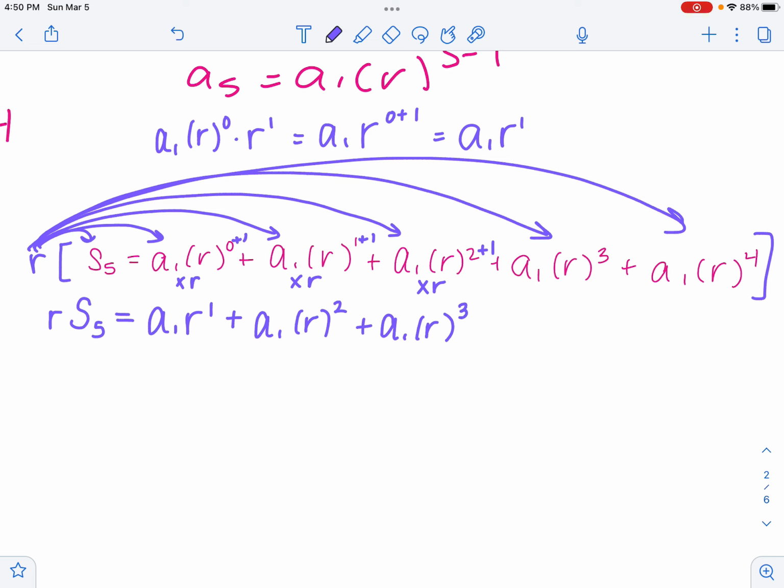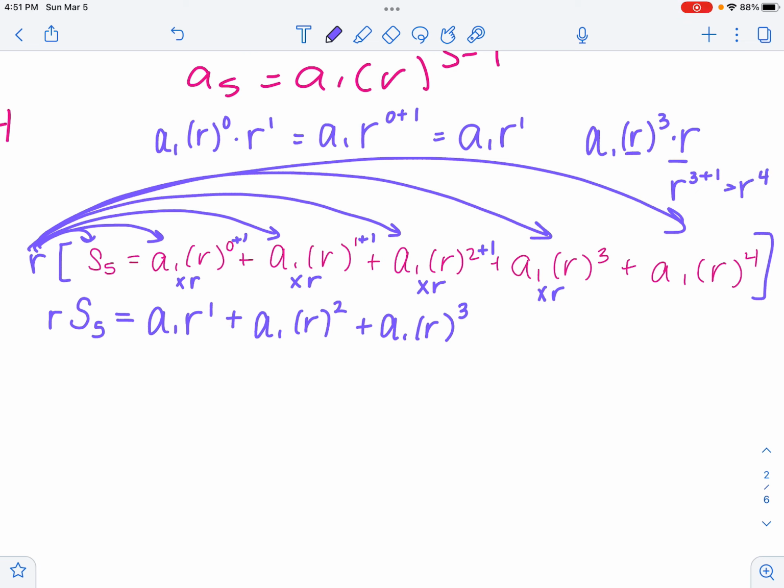All right, let me show you the math one more time, just in case you didn't catch it the first time I did it. For this next term, when I multiply by r, I have a sub 1 times r cubed times another r. I want to condense these two into one base of r. That's going to be r to the 3 plus 1 power, or r to the 4th.